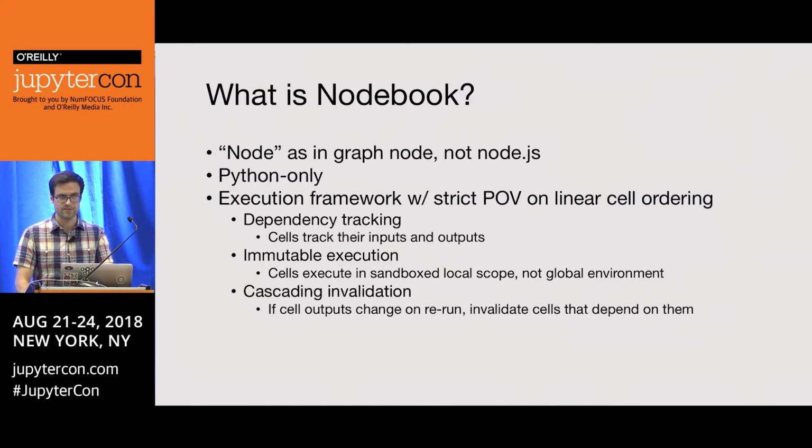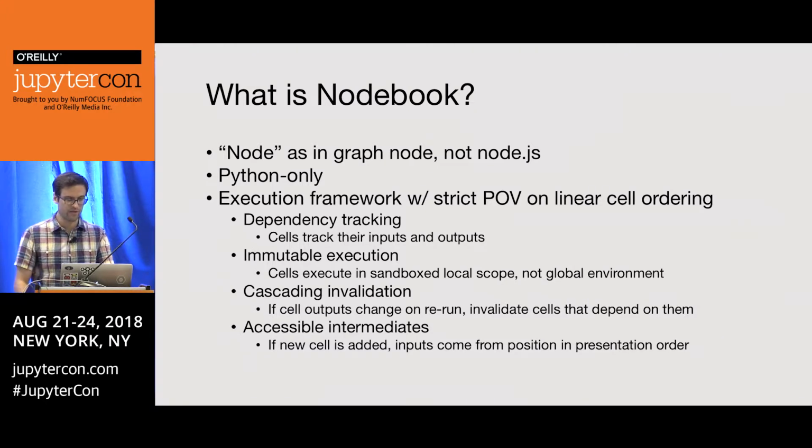This is similar to what was just presented in the Dataflow kernel talk, where if a cell output changes on rerun, then we can track and invalidate cells that depend on that output. And another thing you can get is accessible intermediates. If you add a new cell, the inputs for that cell come from the position in the presentation order, so you can inspect values as they existed in linear history.